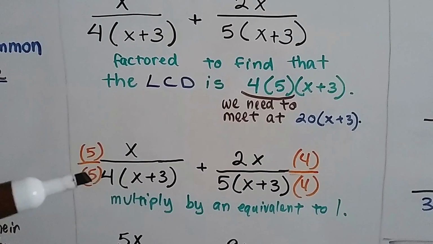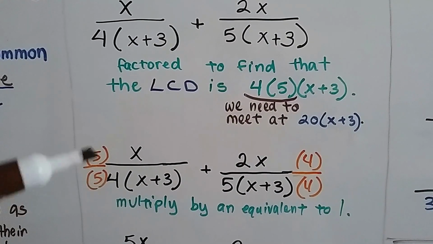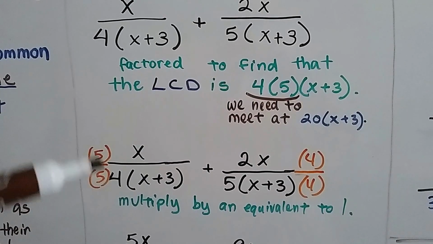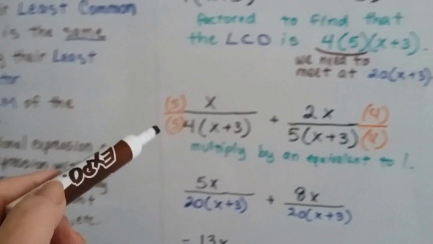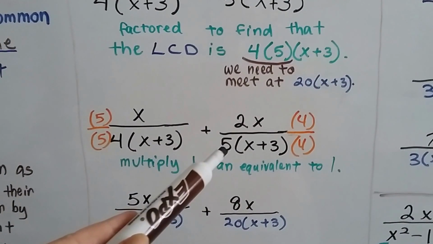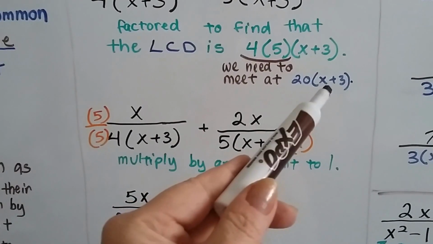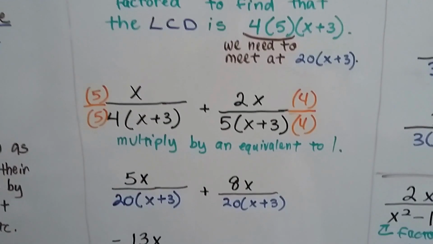Well, what does this one need to get to 20? It needs to be multiplied by 5, so we multiply the numerator and the denominator by 5. That's the 5 over the 5. That's the 1, see? And then this one needs to be multiplied by 4 in order to get to 20 times x plus 3. So we have to multiply the numerator by the 4, see?